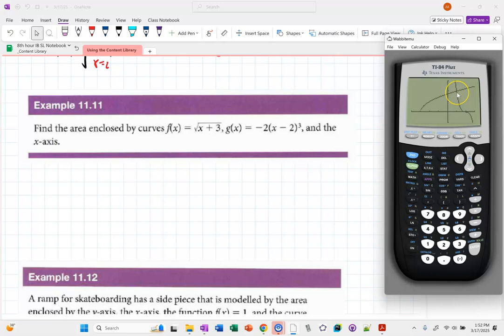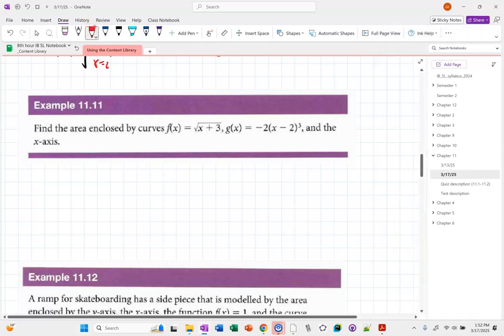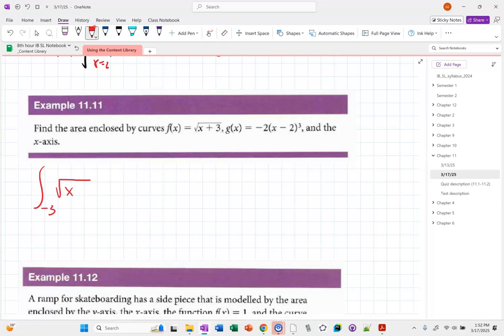So what I really need is this intersection, because I can say the integral from -3 to whatever of f of x dx, plus the integral from that spot to 2 of g of x dx is going to be our area, right?